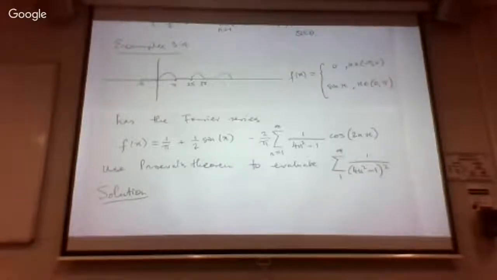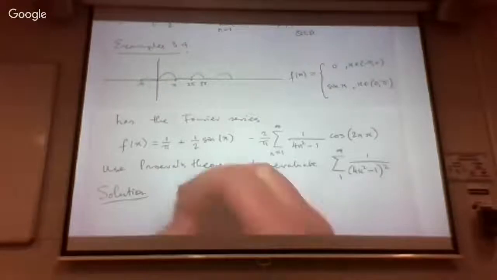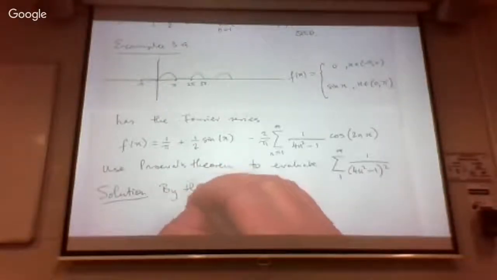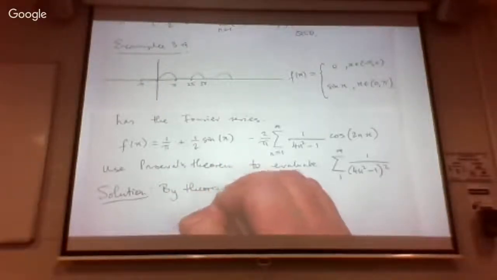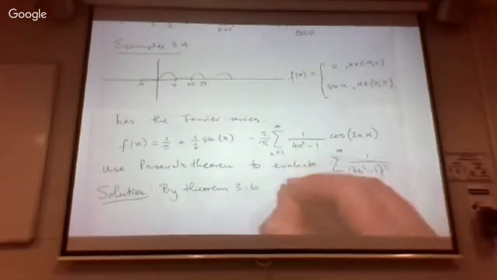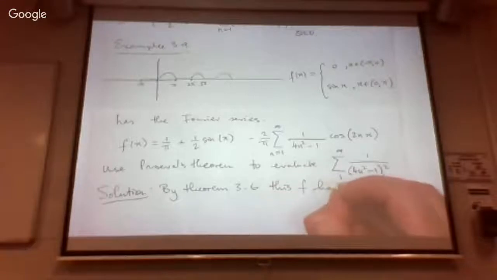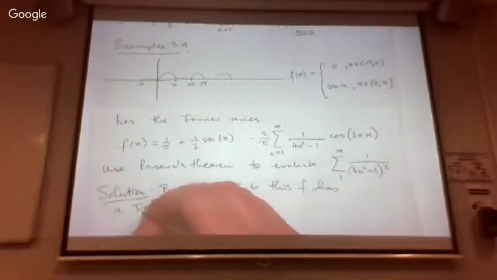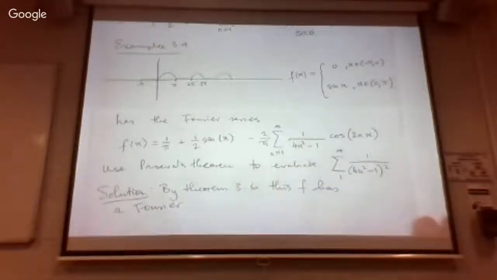So this appeals back to that previous theorem that we looked at this morning, theorem 3.6. So by theorem 3.6, this function f has a Fourier series which converges uniformly to it.